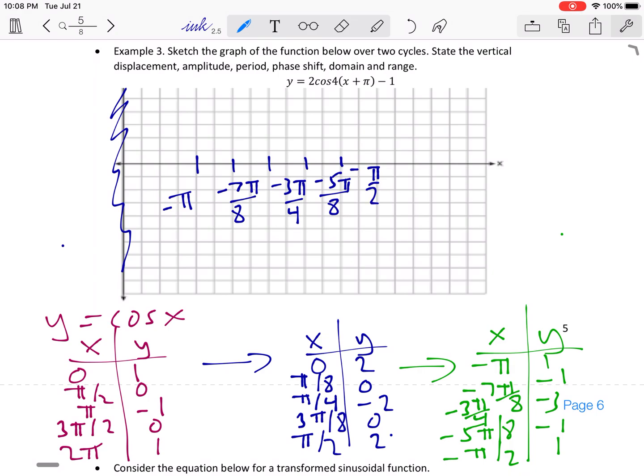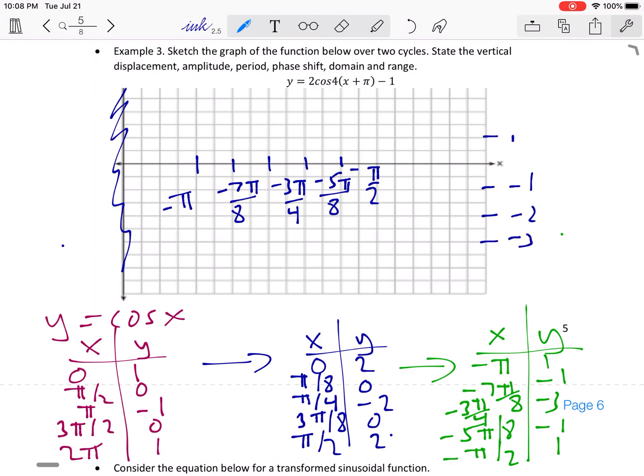Okay, and then the other thing is we can call this 1. And then this can be negative 1, negative 2, and negative 3.